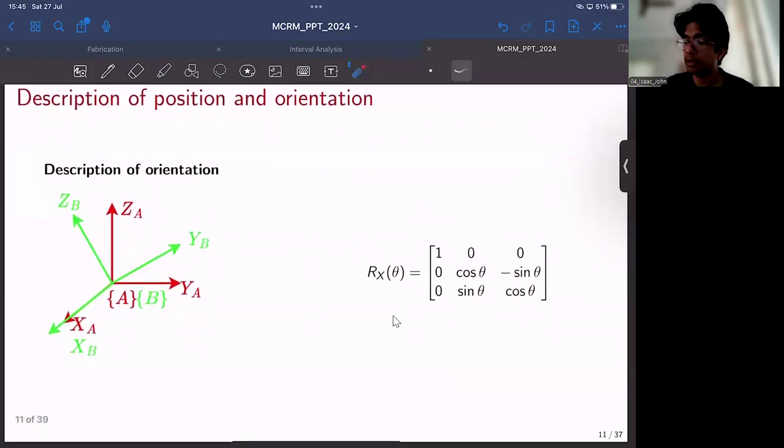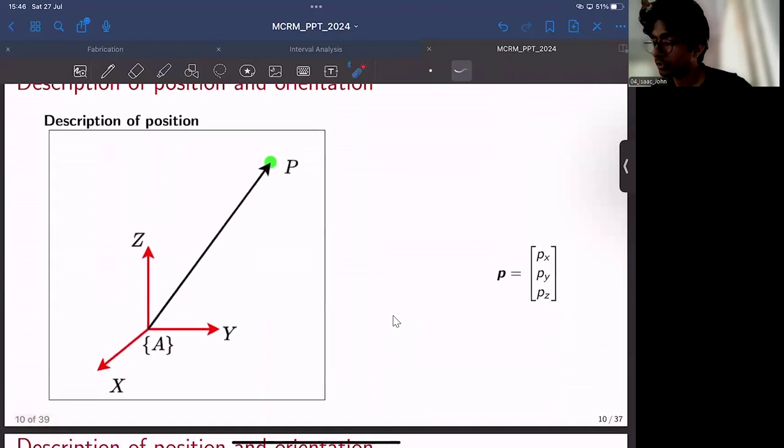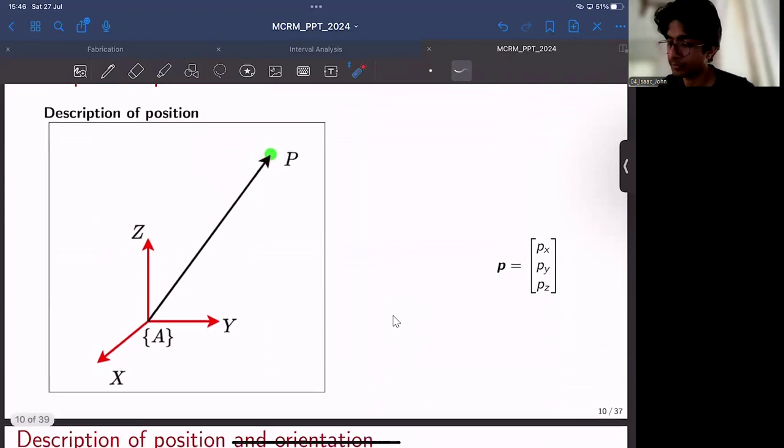The second thing that we would be discussing is the description of position and orientation between two frames. Right. Earlier, we considered the point because in case of a point, we only need to consider its position. How the point is oriented is immaterial because in case of a point, orientation does not make any difference.